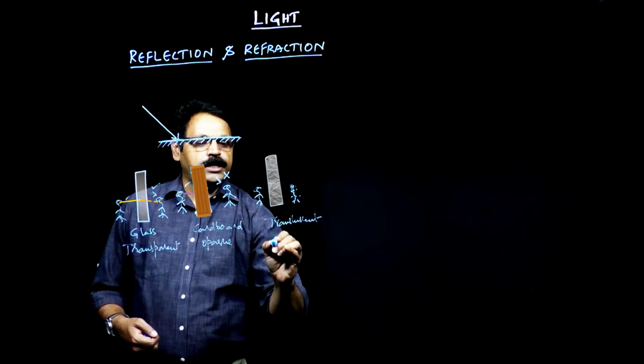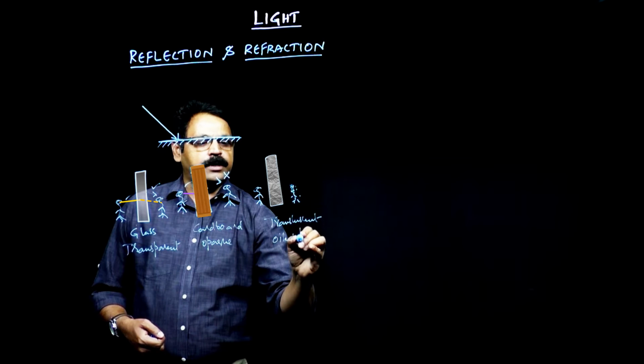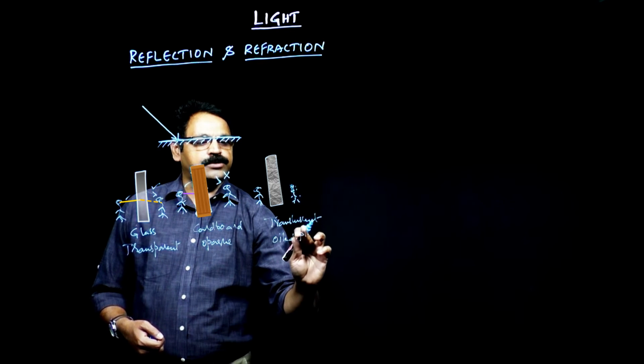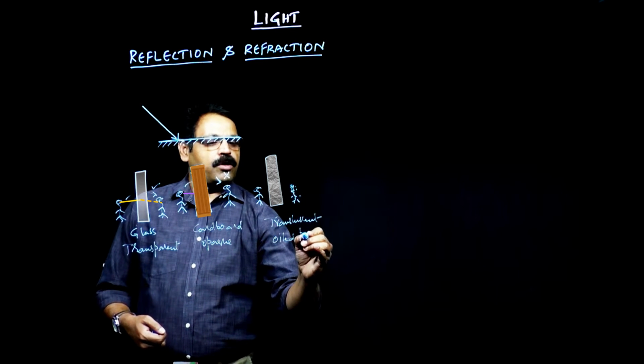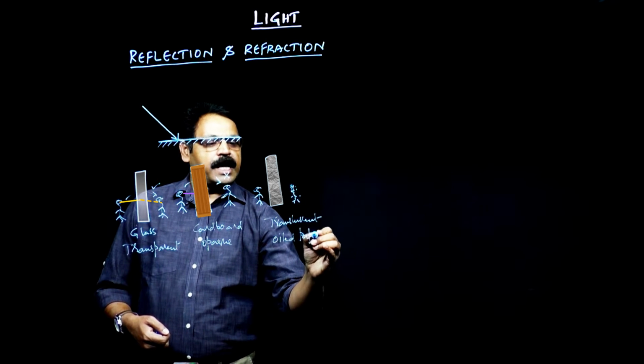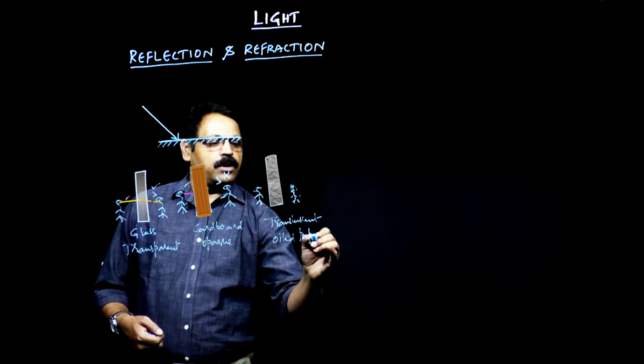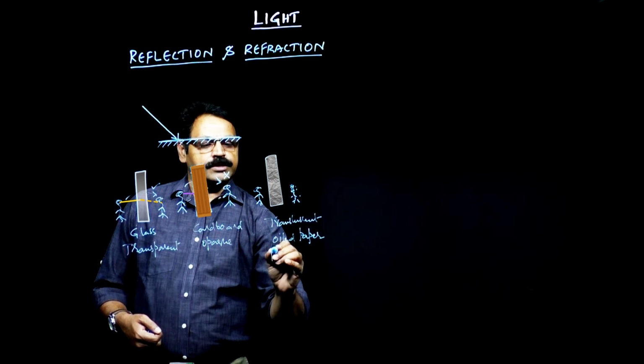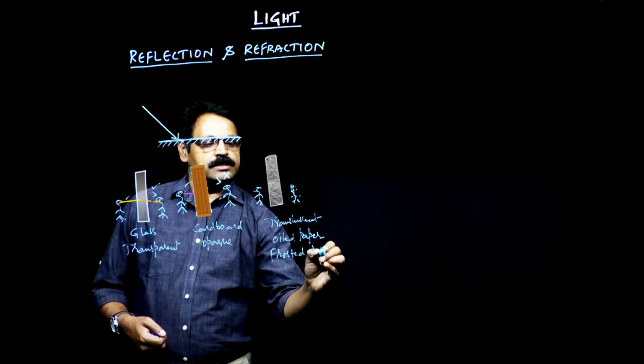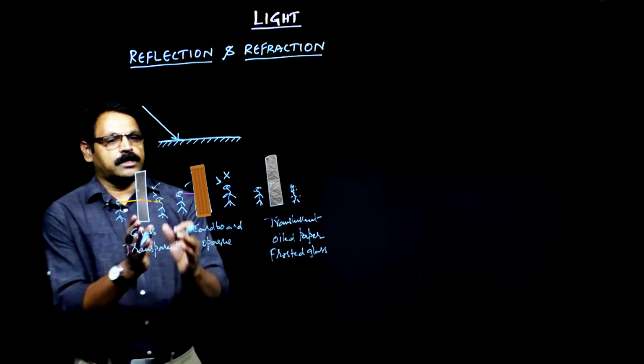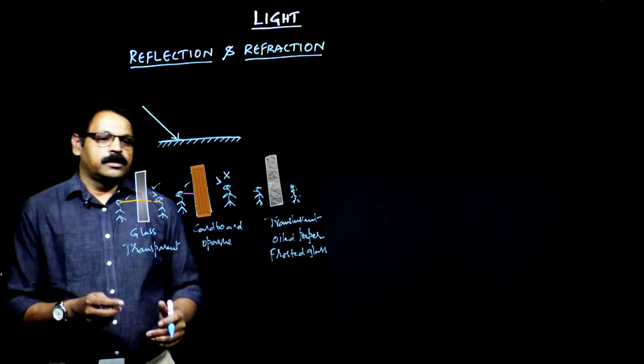Just like an oiled paper. Oiled paper is translucent, and you can think of frosted glass, just like window glasses and all. Frosted glass is translucent. So there are three types of bodies over here.